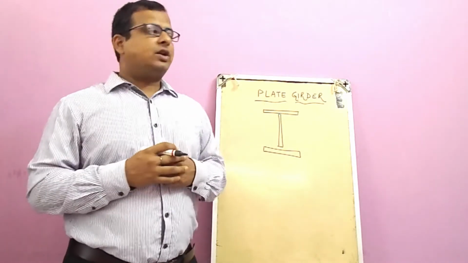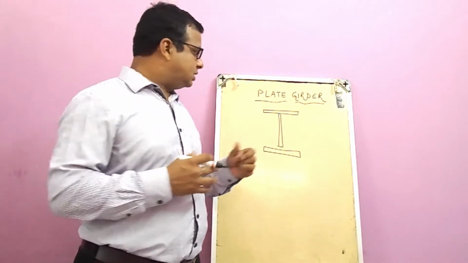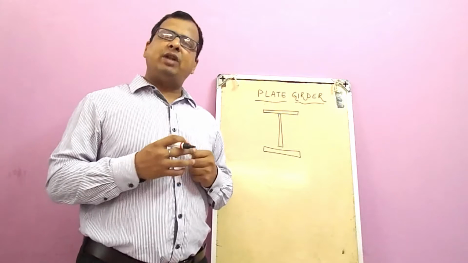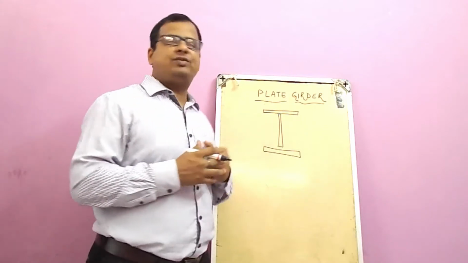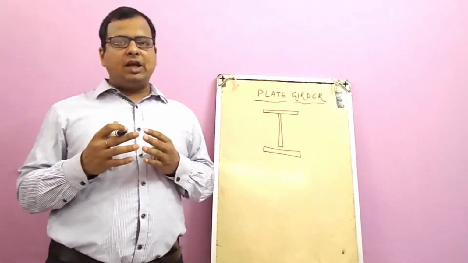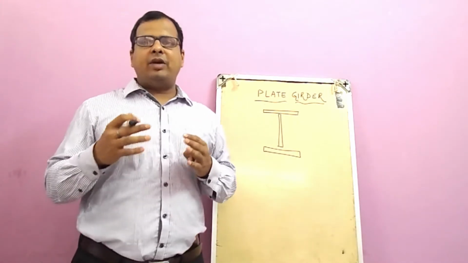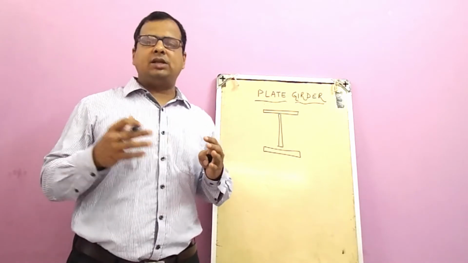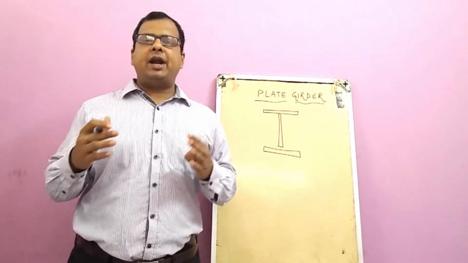Now, first of all, what is the purpose of this plate girder and why do we design this type of section? We generally use readily available hot rolled sections, which have some limitations, such as limited depth.